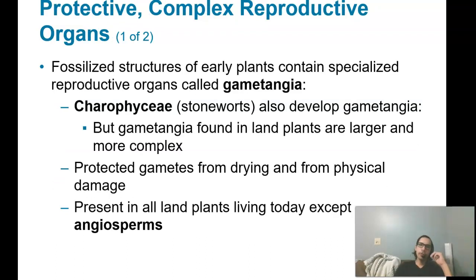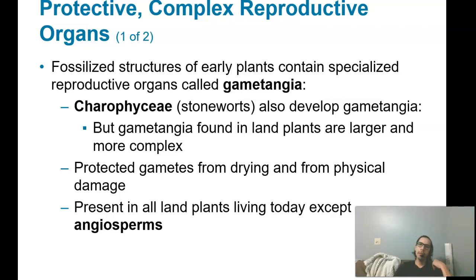So fossilized structures of early plants contained specialized reproductive organs called the gametangia. Okay. So in stoneworts, they also have gametangia, but the gametangia found in land plants are a lot more complex. And the function of these gametangia is mainly protection.